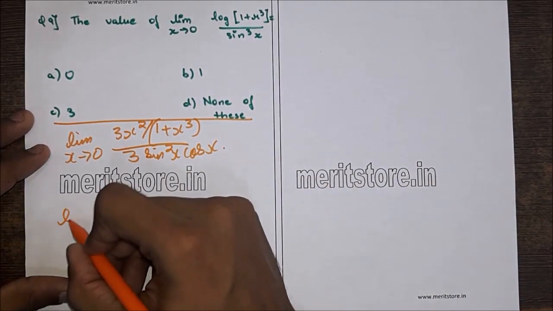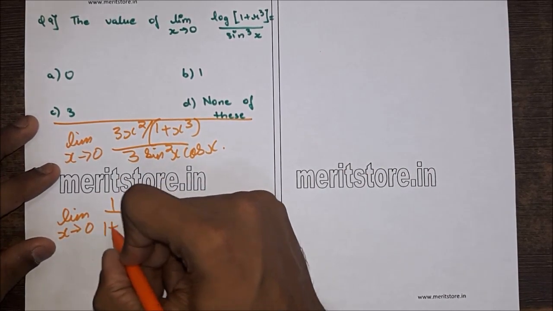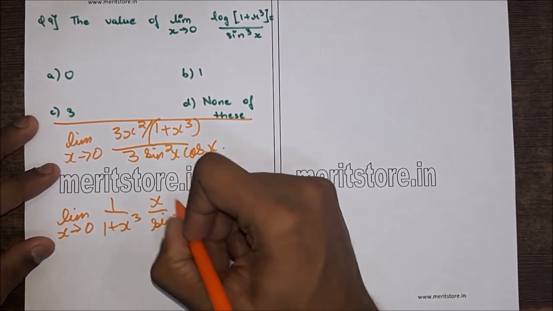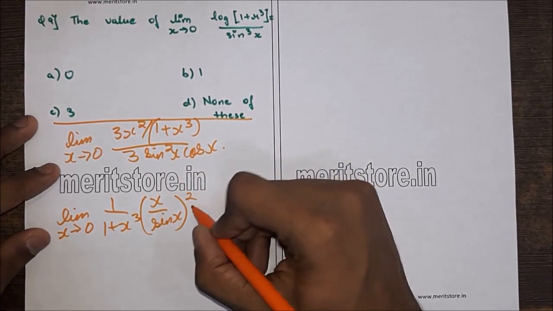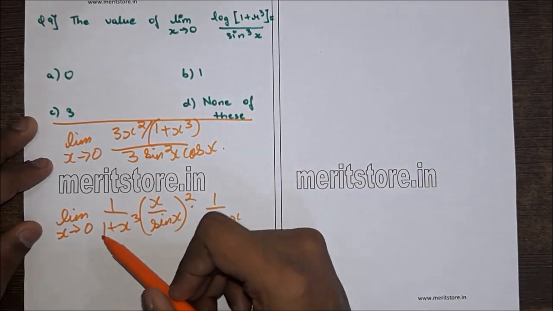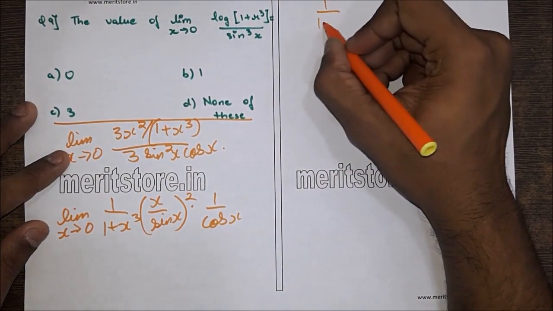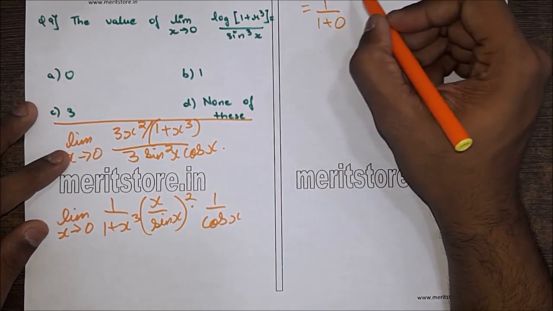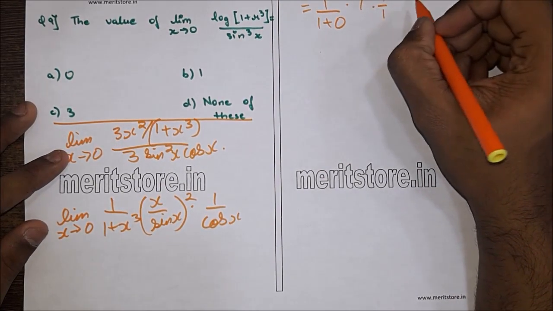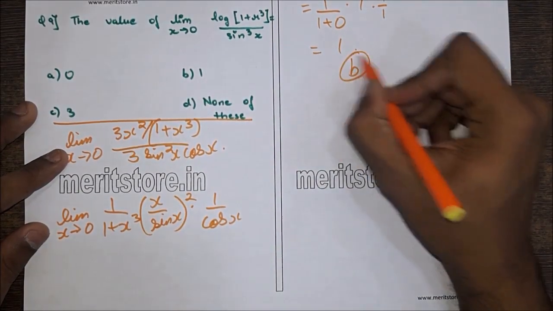Now solving that further, we get limit of x tends to 0, 1 by 1 plus x cube, x by sine x the whole square into 1 by cos x. Applying the limit of x tends to 0 on this term, we are left with 1 by 1 plus 0 into 1 square into 1 by 1. That is nothing but 1, which is option B.